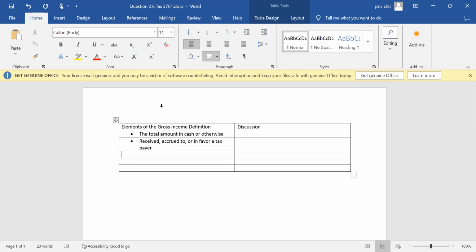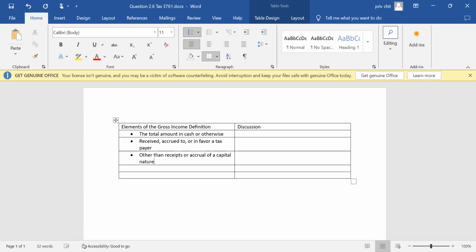Then the third one, which is where the issue is, that's where most of those marks, the 10 marks, that's where most of them would actually come from, is the other than receipts or accruals of a capital nature.